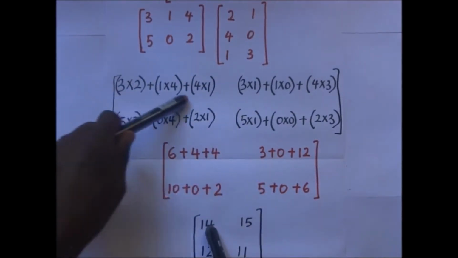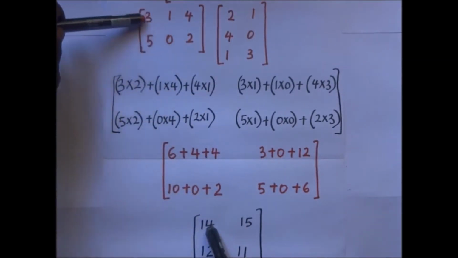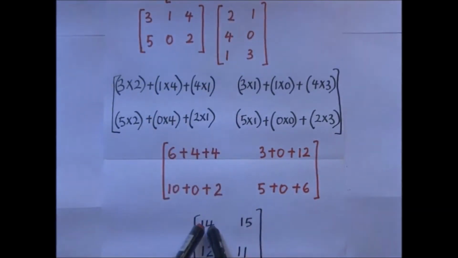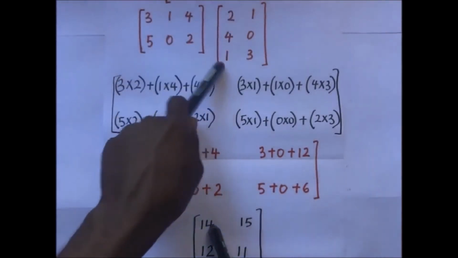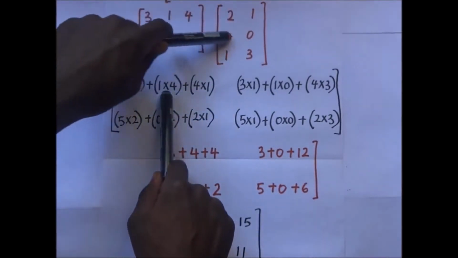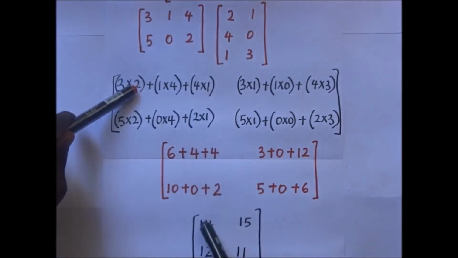This answer comes from multiplying this top row by that column. Why? Because the answer we want is in the top row and in the left column. So we multiply this by that, which was 3 times 2, then 1 times 4, then 4 times 1 to get this answer.